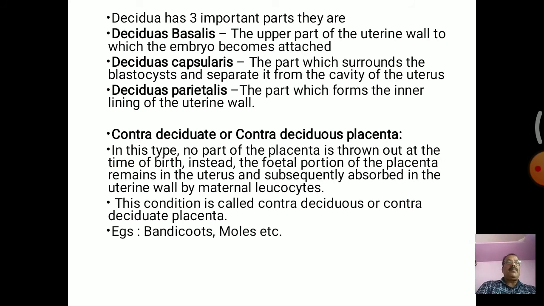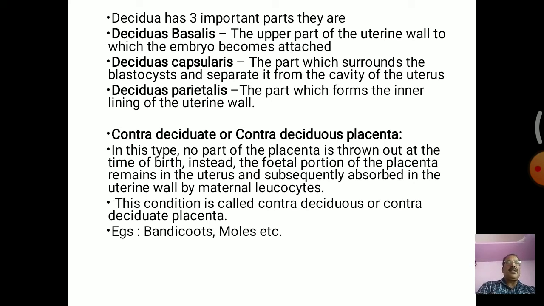Decidua has three important parts. They are decidua basalis, decidua capsularis, decidua parietalis. First one, decidua basalis, the upper part of the uterine wall to which the embryo becomes attached.